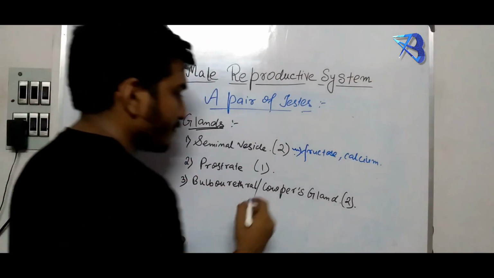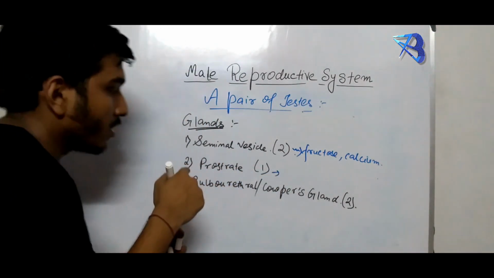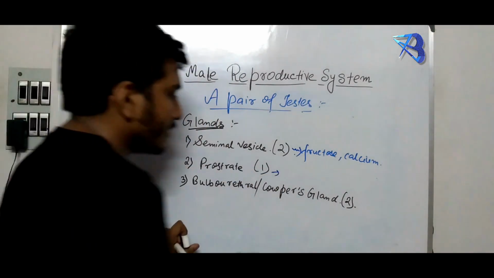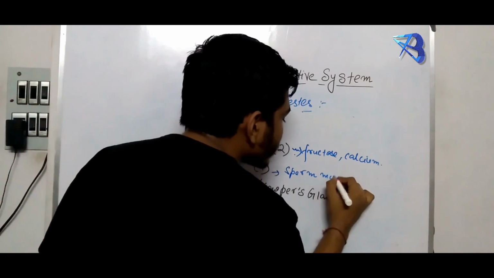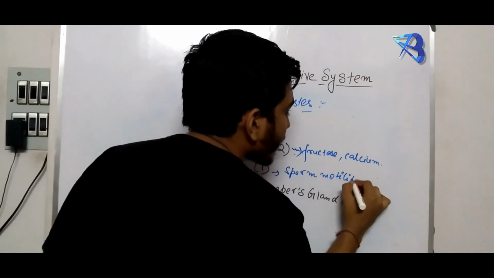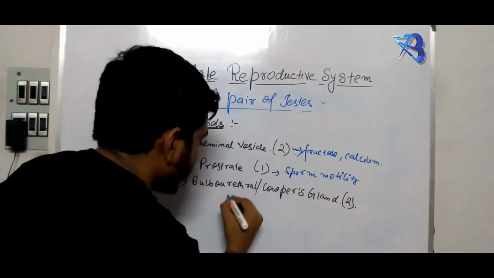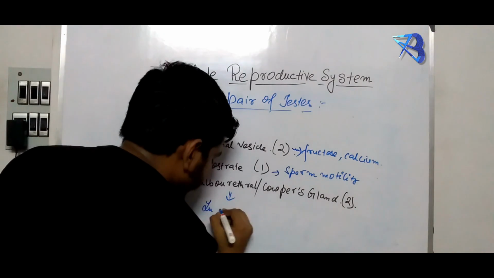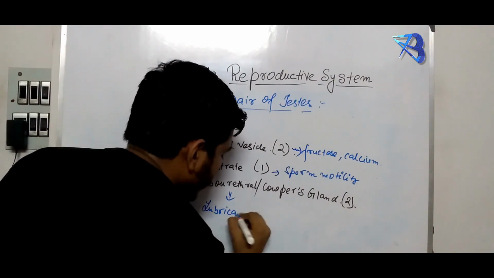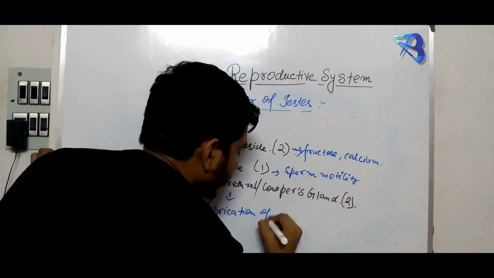Now prostate helps in sperm motility. And finally the bulbourethral or Cowper's gland helps in lubrication of the penis.